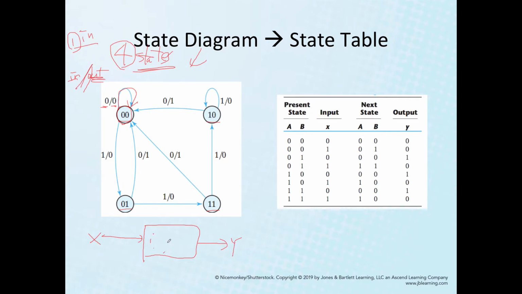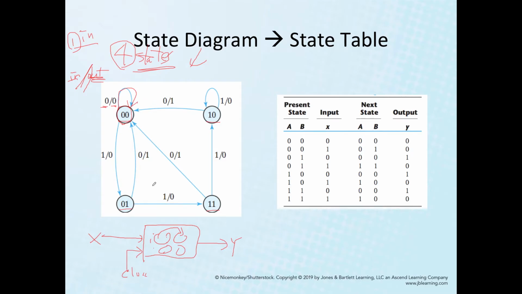Internally it has four different states, and depending on the input, and of course there's a clock applied as well, at each clock tick this system changes its state and produces the output. That is described by this state diagram.